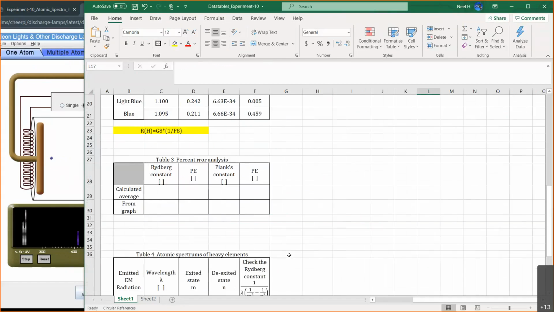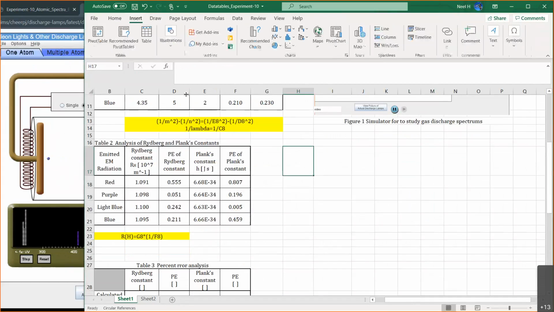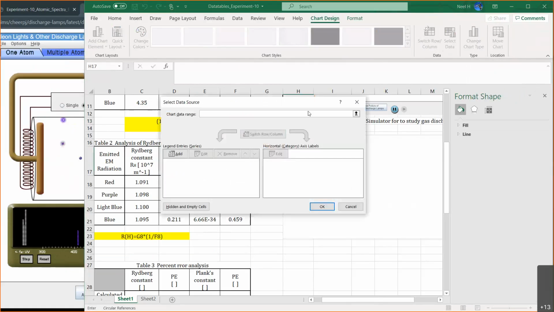And then let's make a graph. To make the graph, you know the procedure now, usually a scatter plot. I don't usually add the data at first; I'm going to add the data later, but that's up to you. There are various ways you can do this Excel graphing. Click add data, right-hand side top.